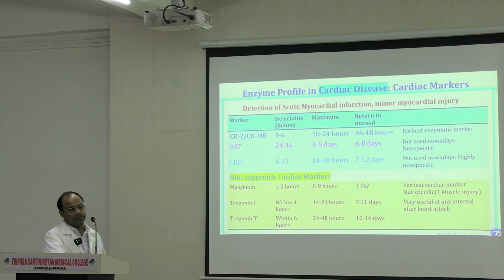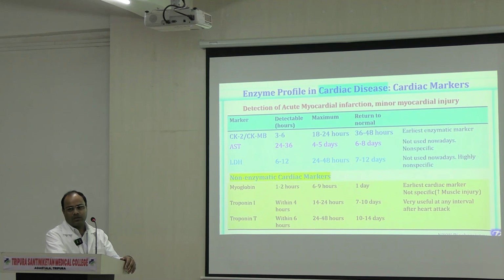And Trop T is actually heart specific. When cardiac damage occurs, Trop T is released in the blood. Trop T is one of the most specific markers. Even when you start practicing in the periphery, we can do it in a very short period of time. Just a few drops of blood, and then see the level. With a kit-based test, we can do the Trop T test.